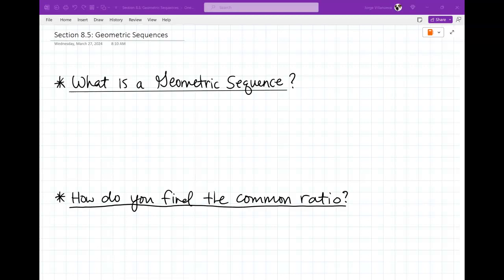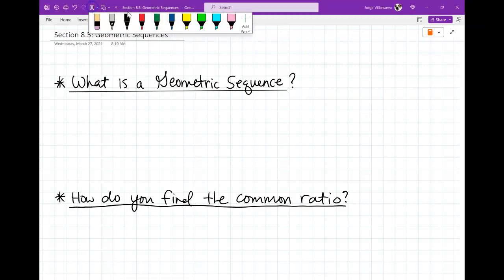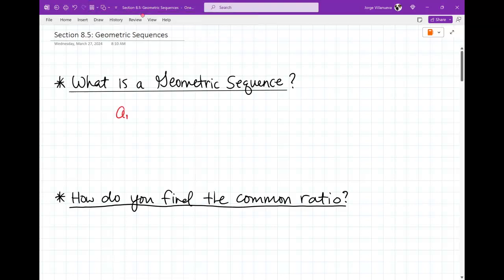So let me show you what this looks like. a sub n is equal to a sub 1 times r to the n minus 1. That's usually the way it's written.